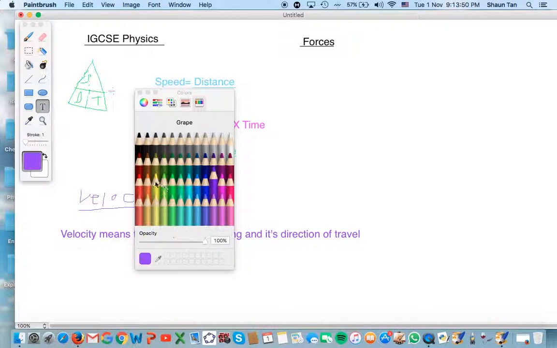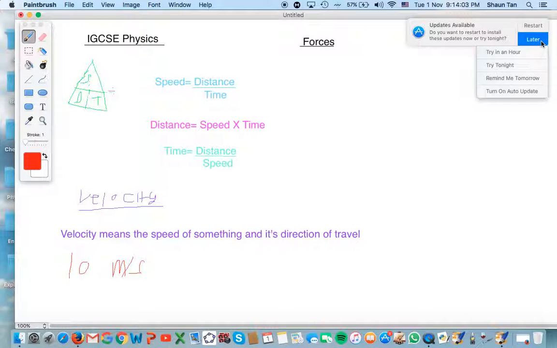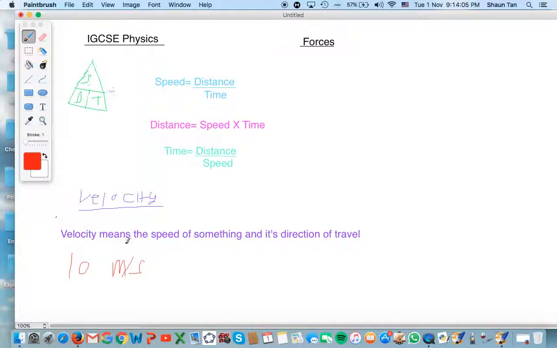Now, an example would be, if I was to write this out, let's say 10 meters per second. If we were to talk about this and we do it in a diagram, it will look something like this.